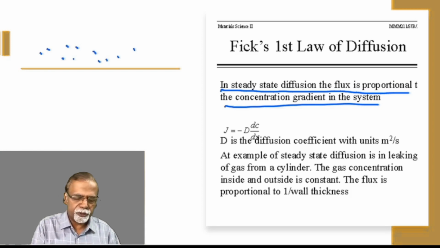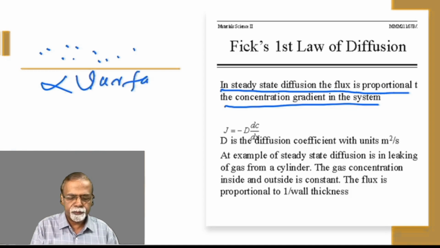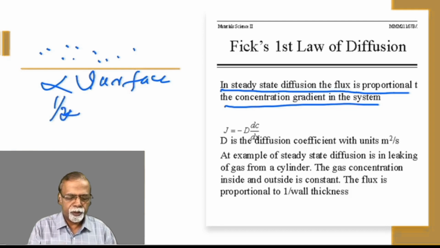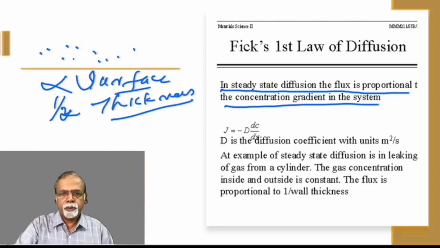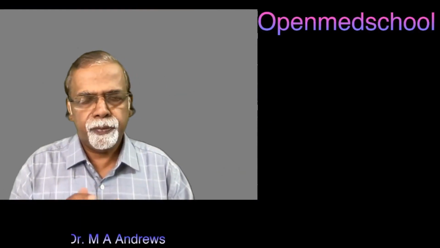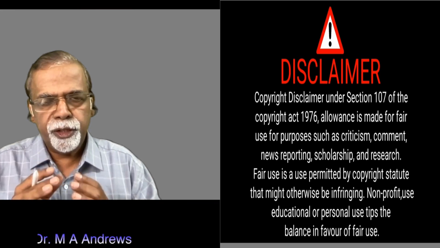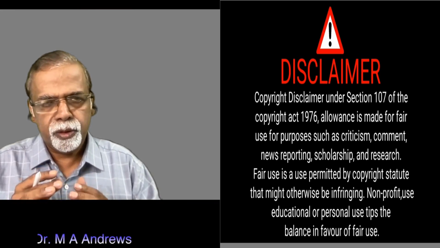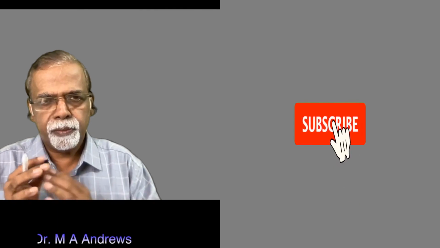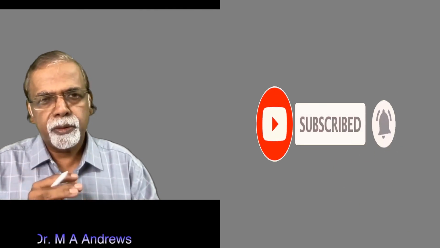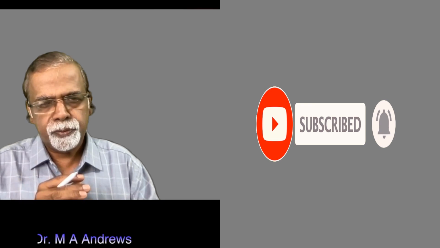It is also directly proportional to the surface area, and inversely proportional to the thickness of the membrane. So we have discussed a few MCQs by which we will be more confident in answering questions on membrane transport, the passive transport. Please watch the video on passive transport also. Thank you.